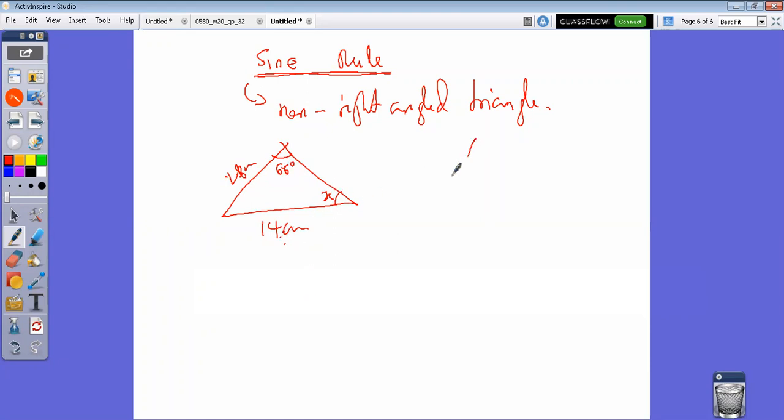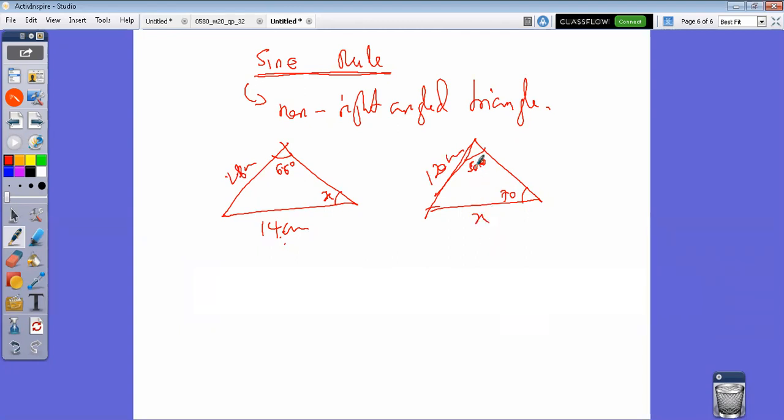I can also use it to find a side. Let's say this is 50 degrees, and this is 70 degrees, and I'm given that this is 120 meters. I'm just saying an example. And let's say I'm told what that is.